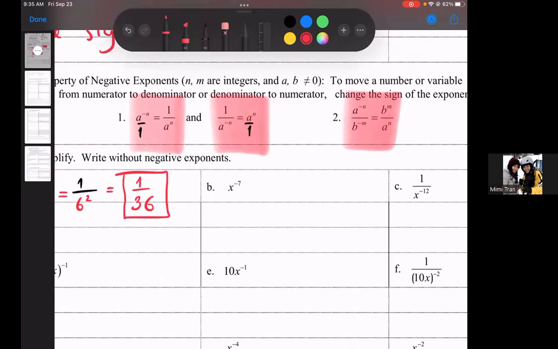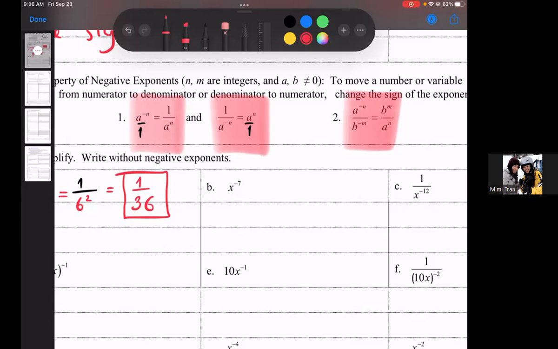All the answers should be, if you have an exponent, it should be a positive exponent. We're going to make this straight. Very good. Moving forward to like F. Wow, good on you. Very good.